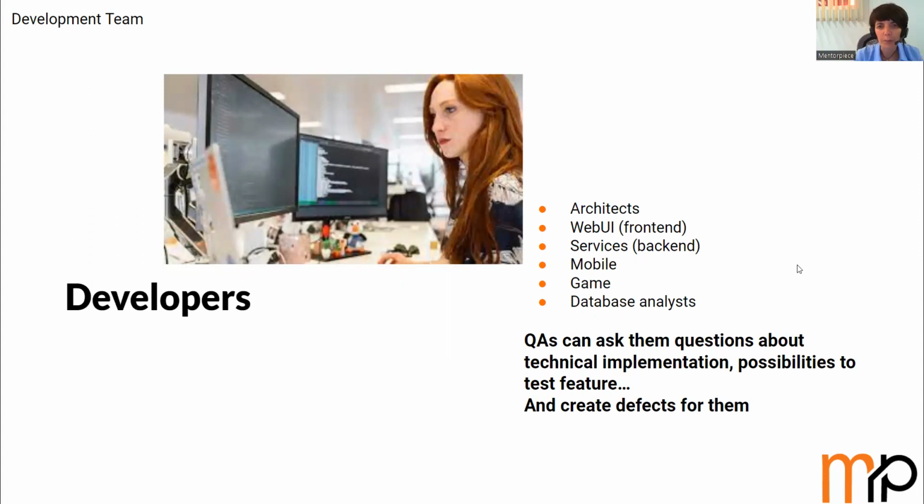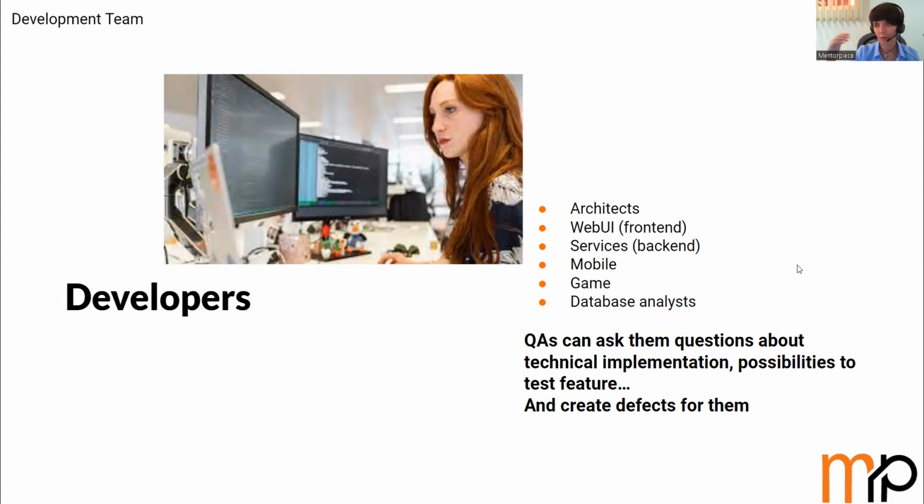In most cases, the architect is coming from developers. He or she was a very good developer, and is able to understand the application as a whole, not only the part he or she is developing. And from this, he or she can grow to architect.